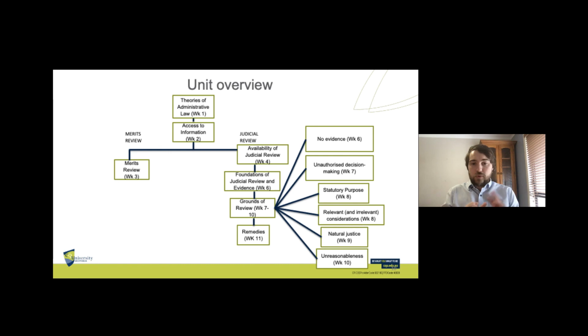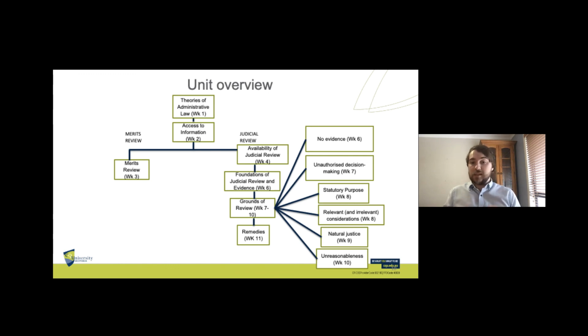We'll talk through the foundations of judicial review as a process, and then we spend a good few weeks looking at grounds of review. You can almost think of these as a cause of action, the specific problems with a decision that we can use to attack that decision and get the court to review it.